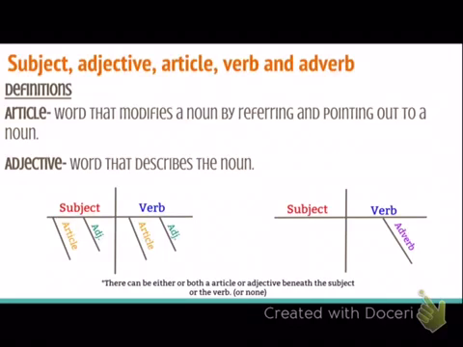So there can be either or both an article or adjective beneath the subject, or a verb or a noun. So adjectives and articles can go either sides, verb or subject, but an adverb will always go in the verb. So let's look at it. Here we have the subject right here, and here the verb, the horizontal line.